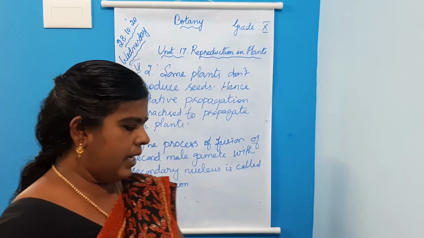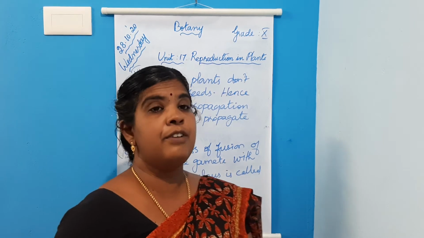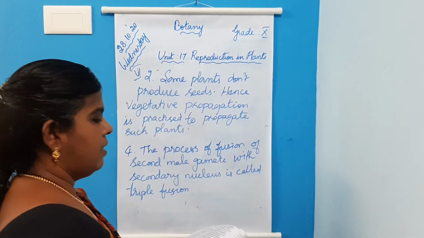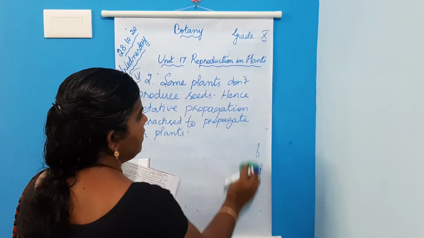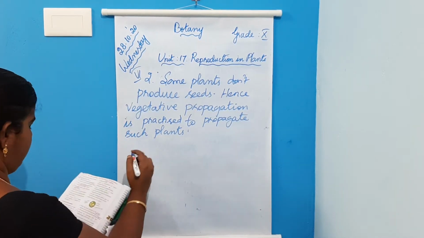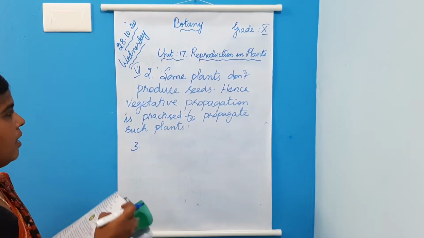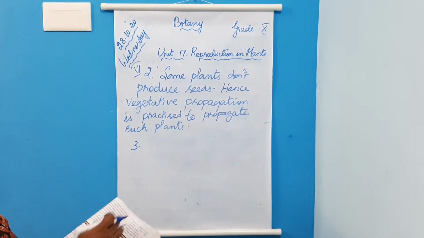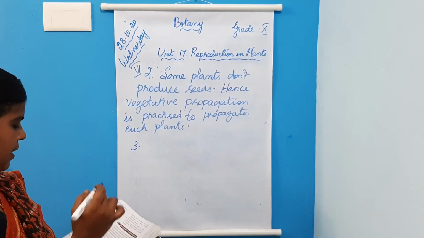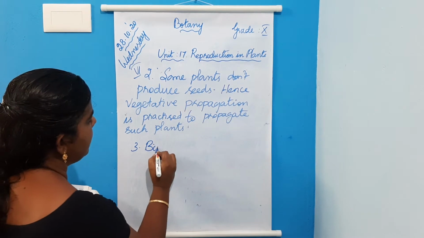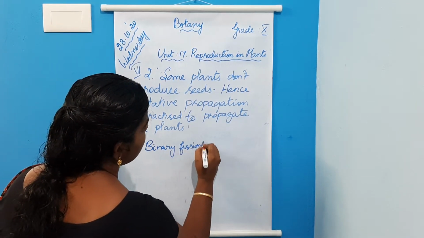Then question number 3. How does binary fission differ from multiple fission? Write like this: binary fission and multiple fission, and draw two columns.